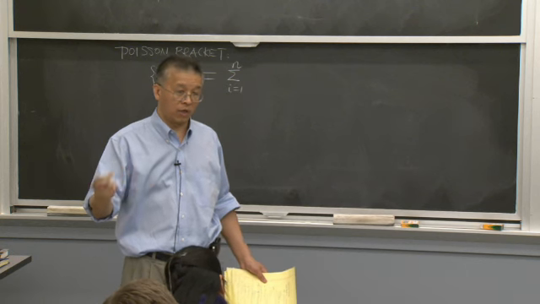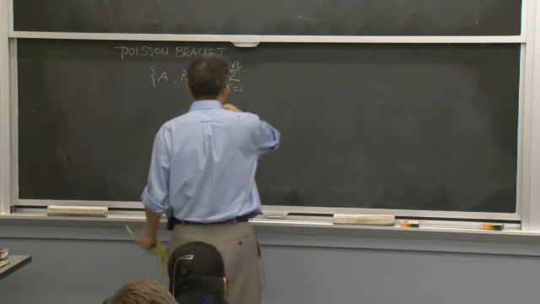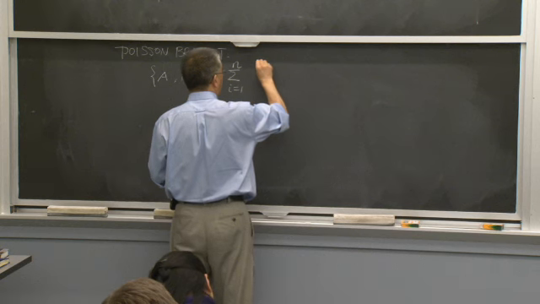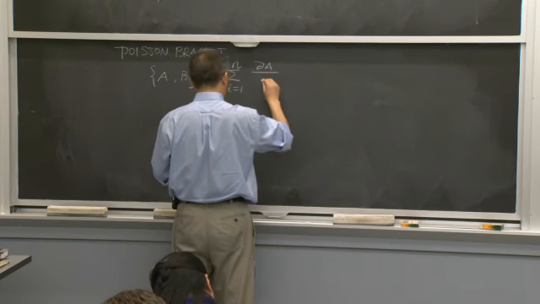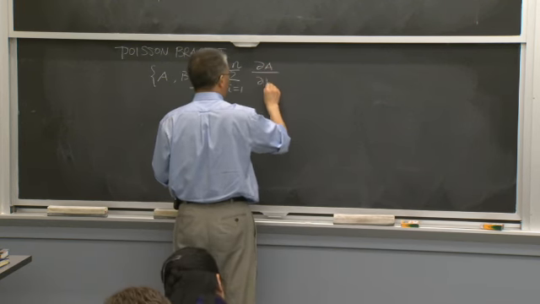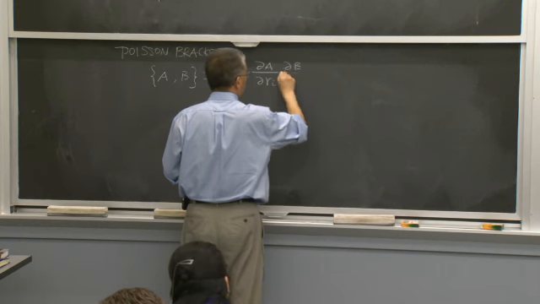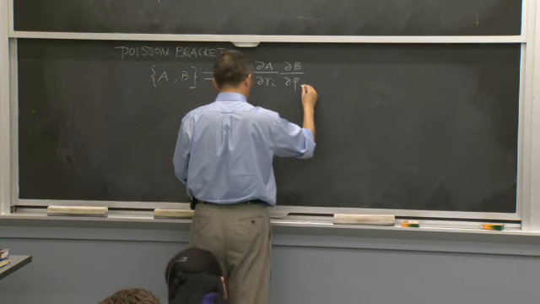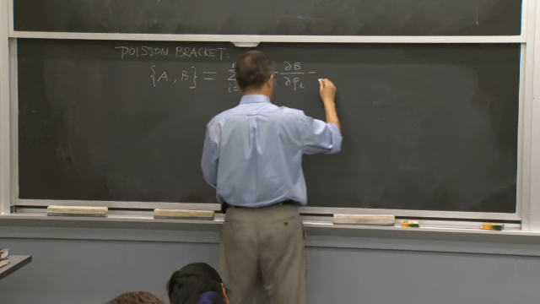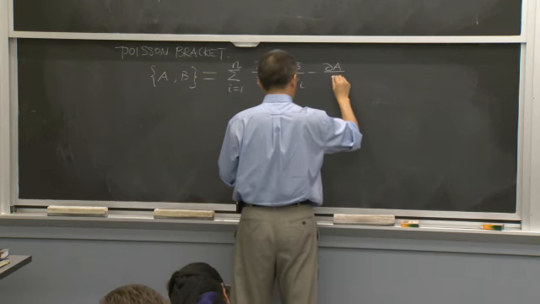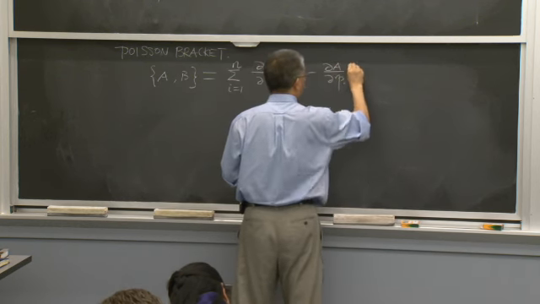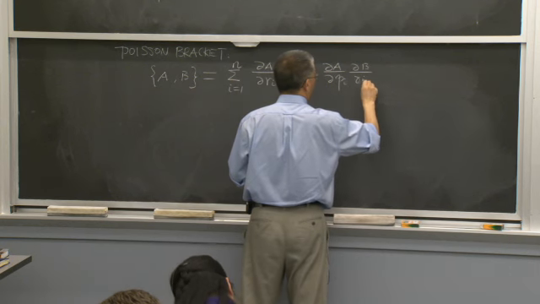If it's 6 degrees, it's 6N, right? So this is A, and then I have dA and dRi, dB, dPi minus dA, dPi, dB, dRi.